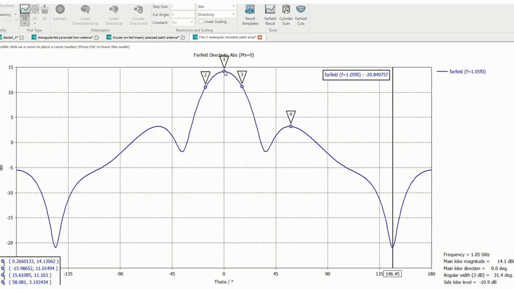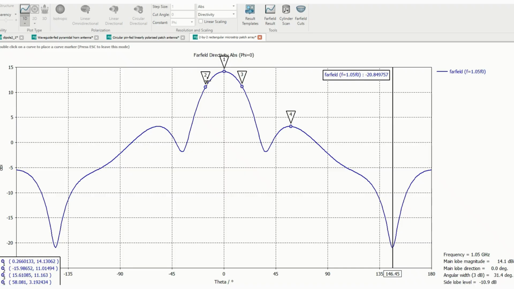As it is 14.1, half of the power means it has to be reduced by 3 dB. So when it is reduced to 11.1, I have marked 2 points here. These 2 and 3 represent where the power is reduced to half of the maximum value. Here you can see that this occurs at minus 15° and 15°.